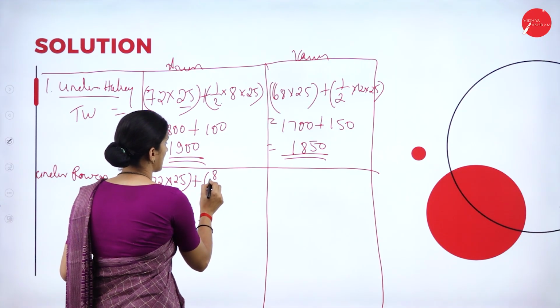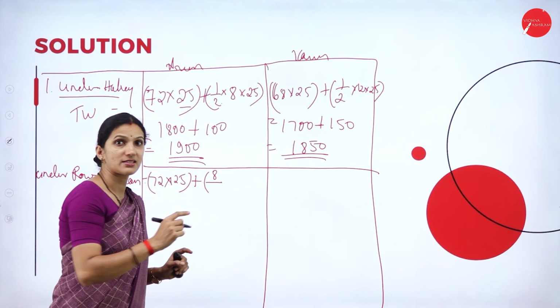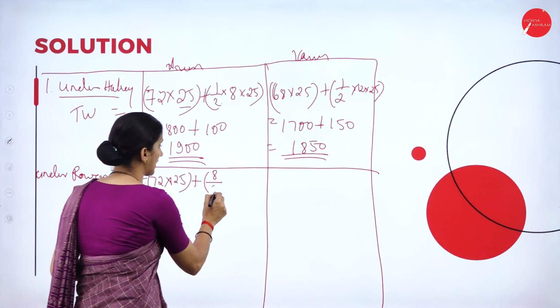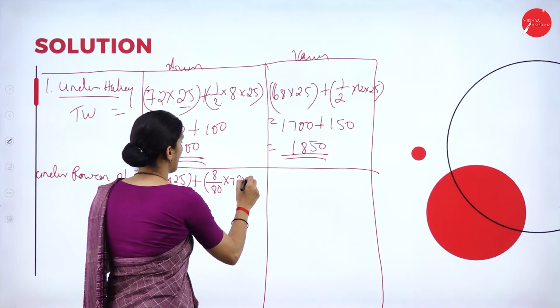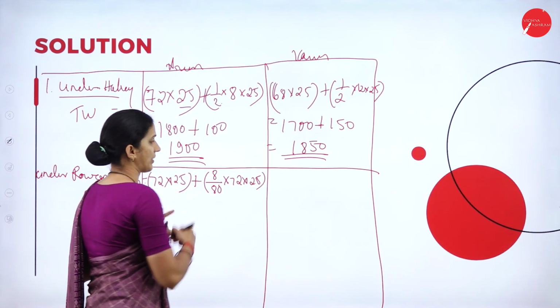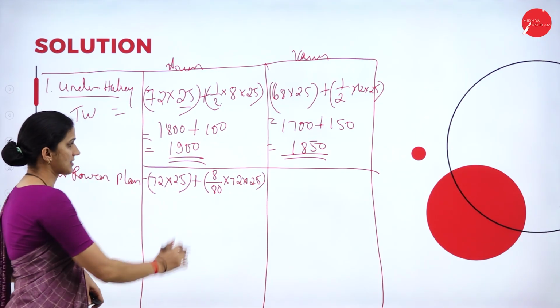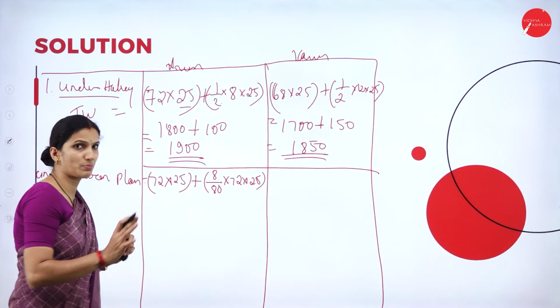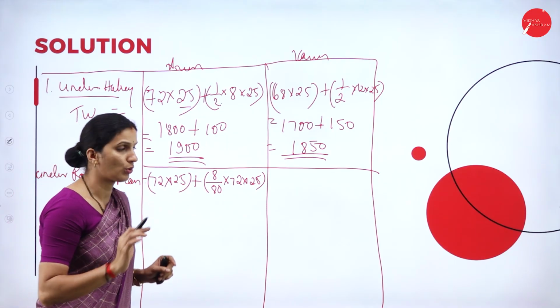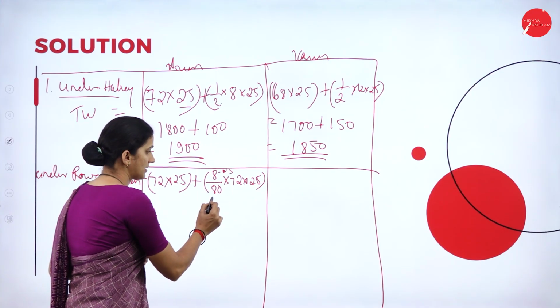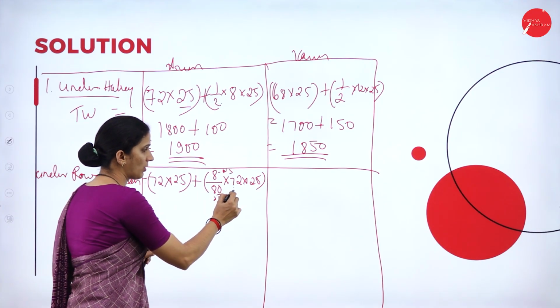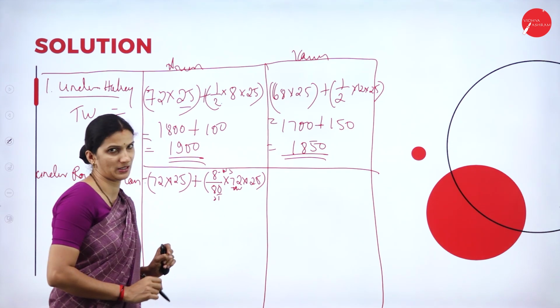Hours saved is 8 hours and the standard time given is 80 hours, into hours worked, again 72, into rate per hour, 25. Under Rowan's plan you calculate the bonus based on hours saved divided by standard time, into hours worked, into rate per hour.